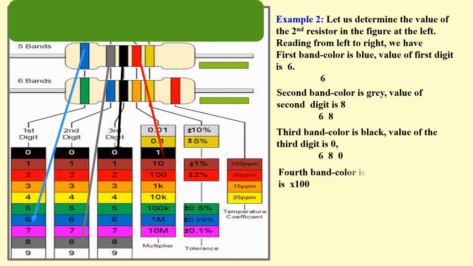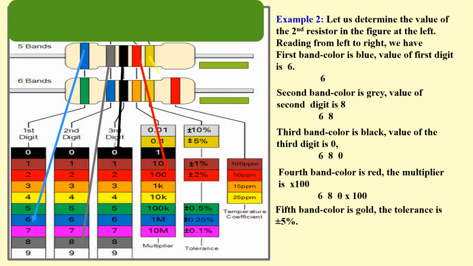The fourth band color is red, so the multiplier is times 100. And the last band color is gold, so the tolerance is plus minus 5%. Final answer is 680 times 100 ohms plus minus 5% or 68 kilo ohms plus minus 5%.